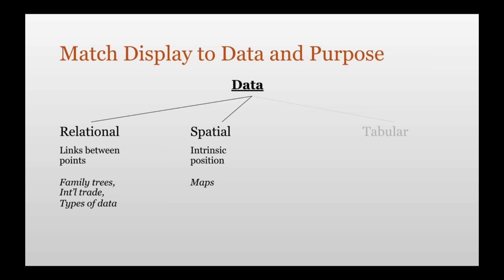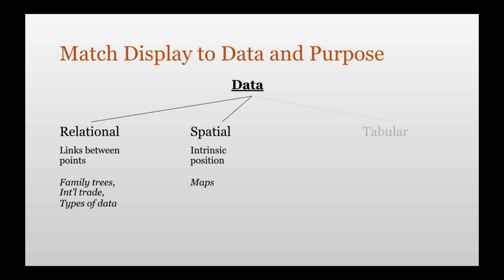Spatial is pretty straightforward. It's maps. So geographic data, it's really based off of an intrinsic position. There's a very specific thing that you're referring to, and maps work to display that information.